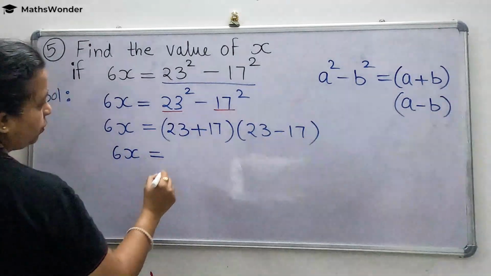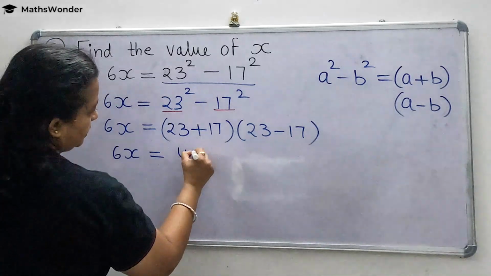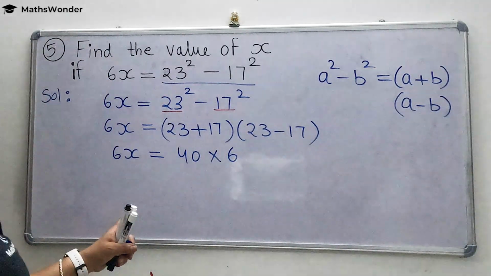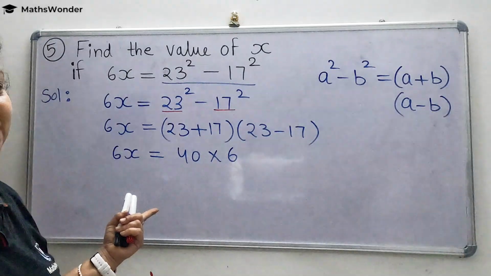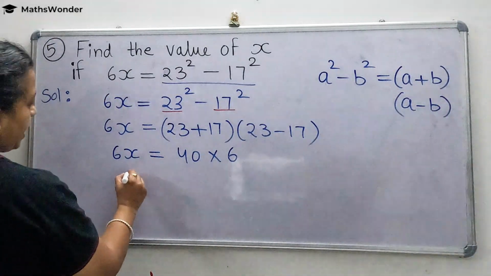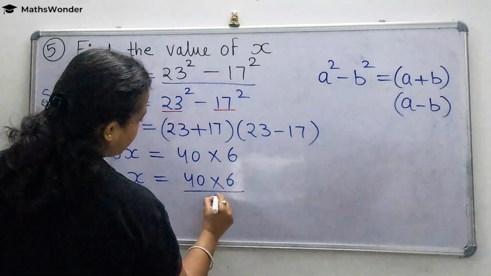6x is equal to 40 times 6. Now you know it turns into a linear equation in one variable, isn't it? Algebra. So x is 40 times 6 over 6.